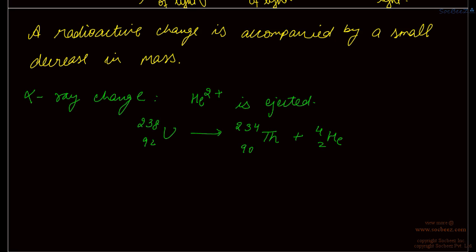So alpha decay produces isodiaphers, that is, parent and daughter nuclides have the same difference of number of neutrons and protons.